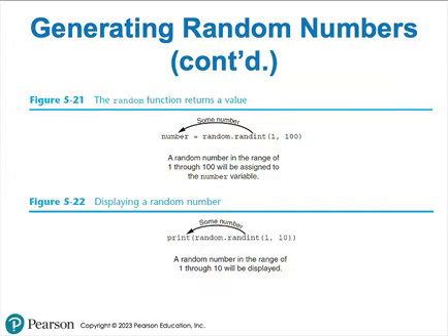And whatever that function generates is going to be the return value, and then that return value in this case is going to be assigned to a variable called number. And then in the case below, we're saying just print that random number in the range of 1 to 10.